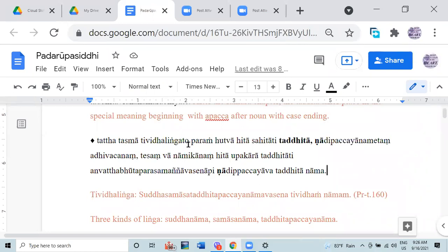Because of the Taddhita suffixes, we can know the special meanings. For example, Wasita is the Abhijan, Wasita plus Nas, so we get Wasito.